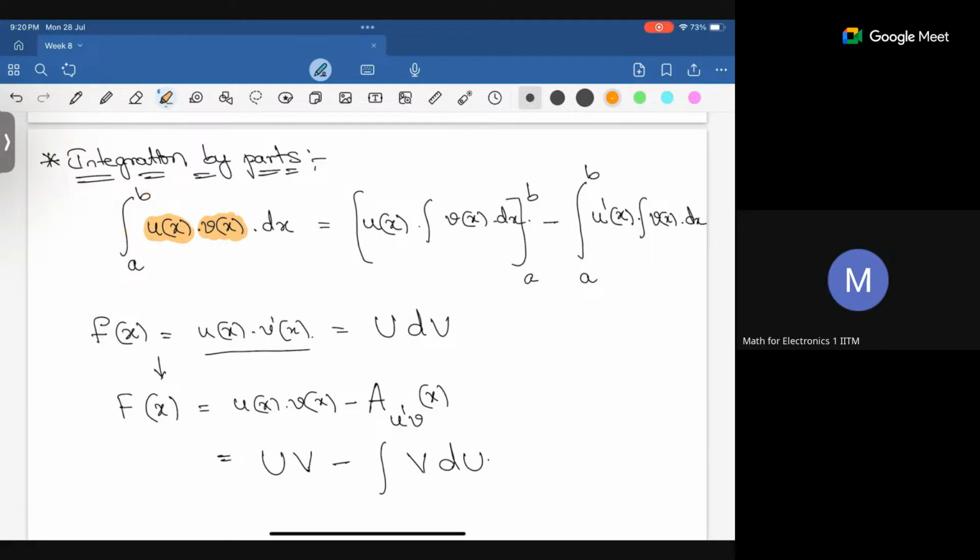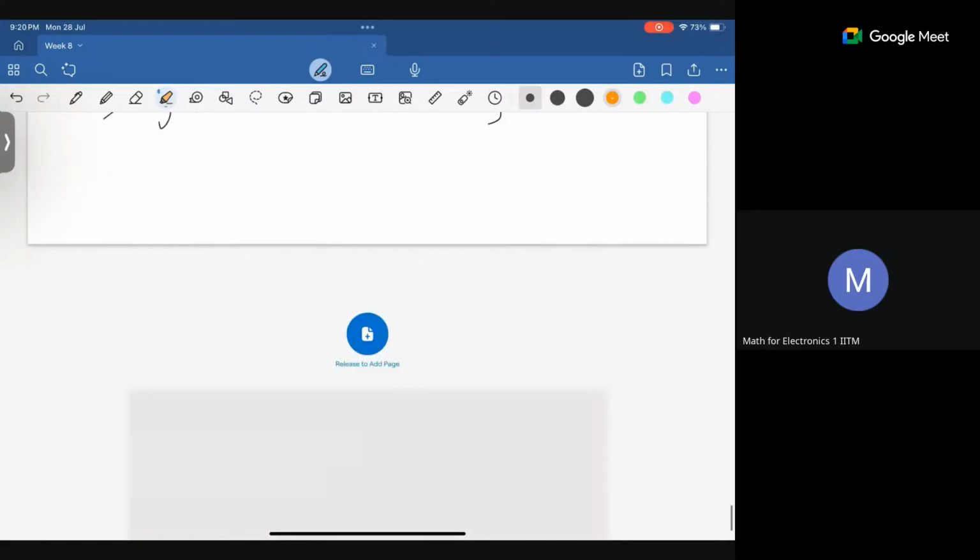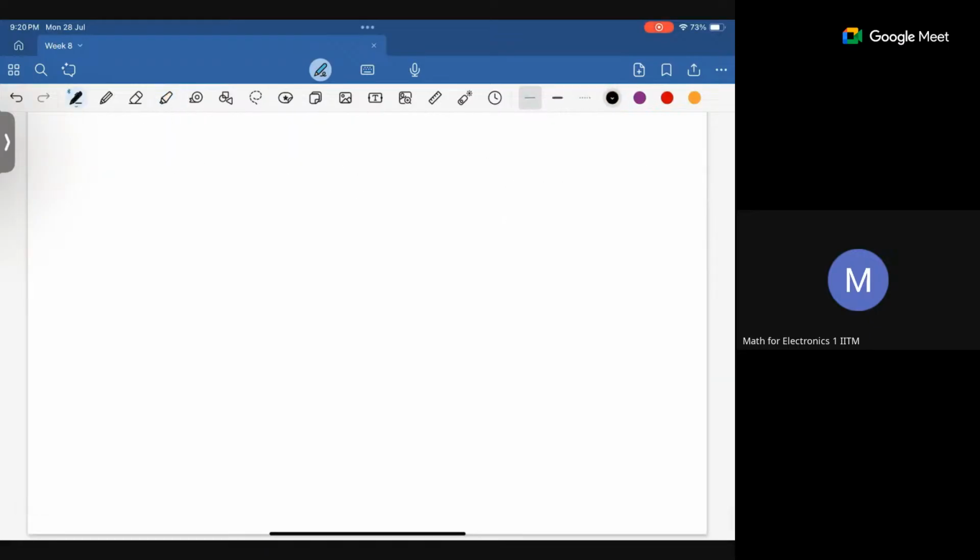It's called an indefinite integral, right? So when you drop the limits of the integral, I think I missed it, but I hope you all know this. Can I assume that? So till now we saw definite integrals with limits a to b, f of x dx.